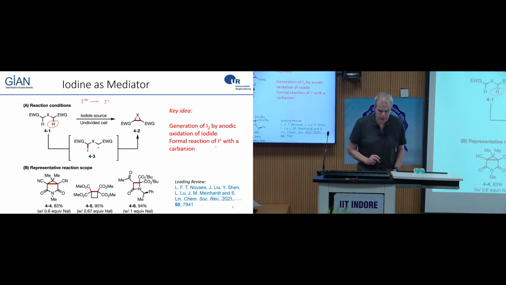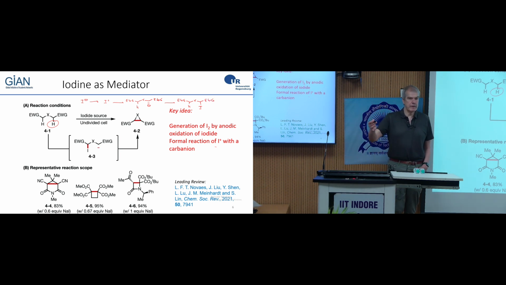After the deprotonation you form an anion, and in the first step you would have your anion, and this anion can combine with the I plus to do this type of iodination, right?